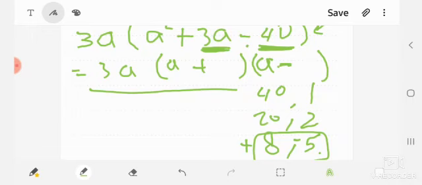The larger number, 8, is positive and the smaller number, 5, is negative. So this is the solution for this example.